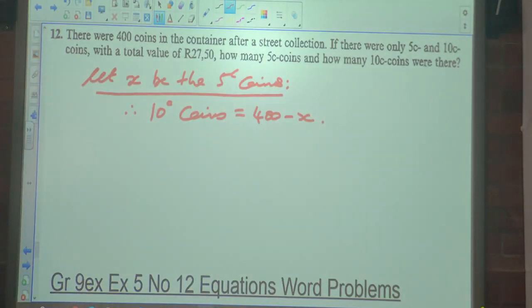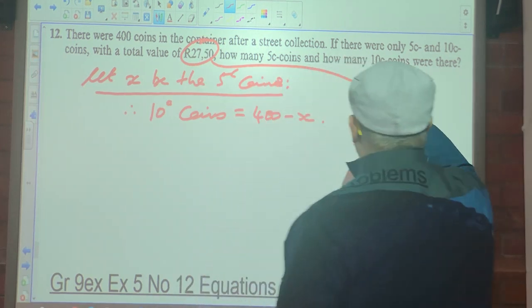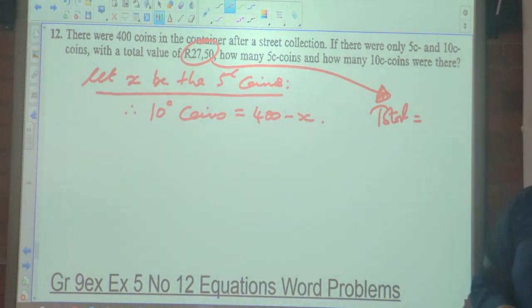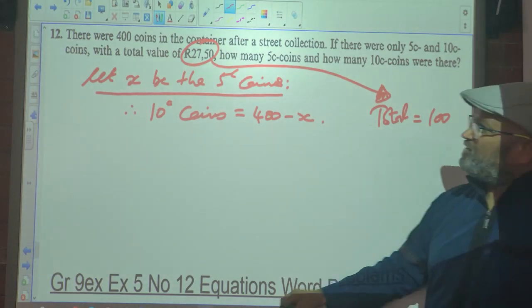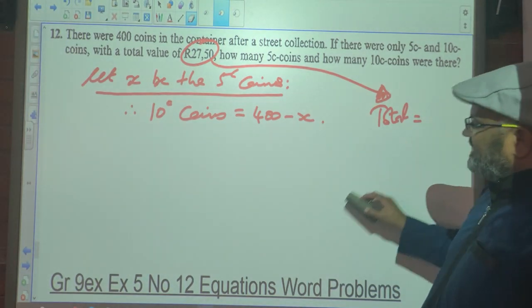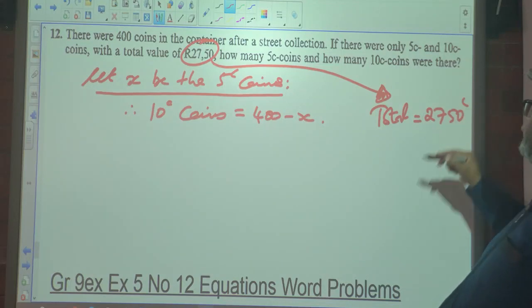People, how many cents is 27 Rand 50? How many cents are there in a Rand? 100. So when you multiply 27.5 by 100, it gives you 2,750 cents in total.